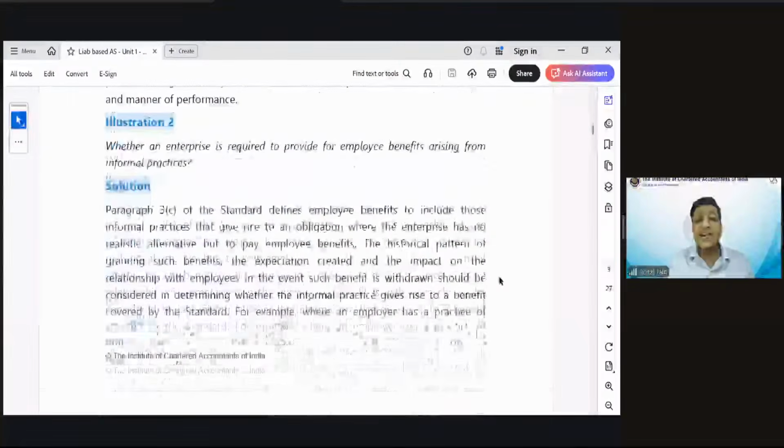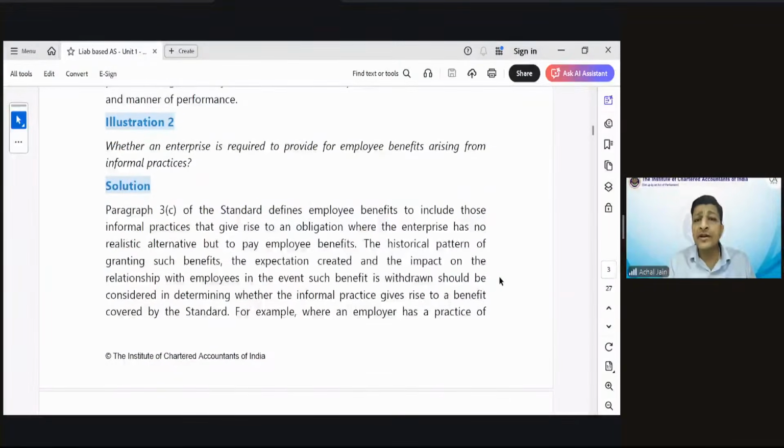Whether an enterprise is required to provide for employee benefits arising from informal practices. Harivansh, I'll come to your query. If you look at the standard, it says employee benefits will include informal practices as well that give rise to an obligation where the enterprise has no realistic alternative but to pay the employee benefits.